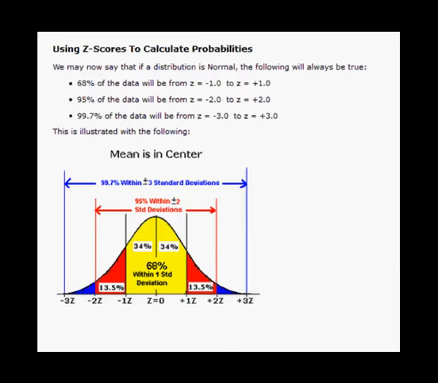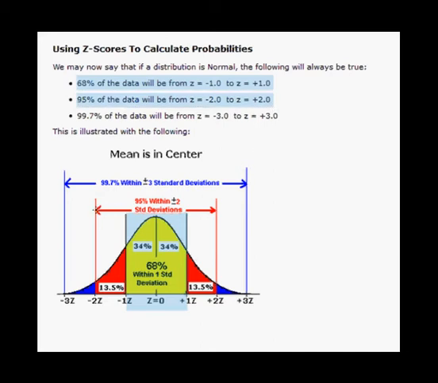Now here's how we use the z-scores. 68% of the data will be from z equal negative 1.0 to z equal positive 1.0, and that corresponds to this region in yellow here on this normal curve. 95% of the data will be from z equal negative 2.0 to z equal positive 2.0.